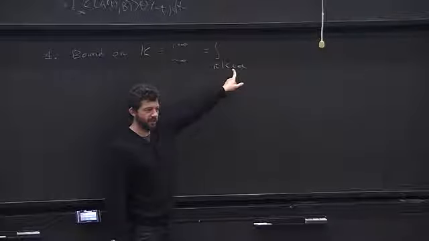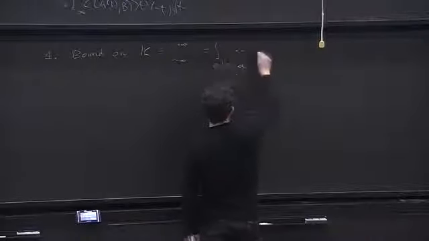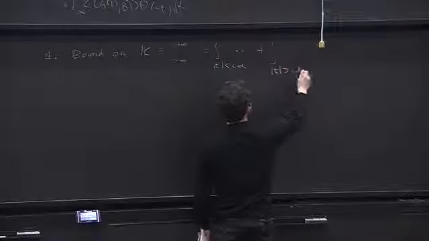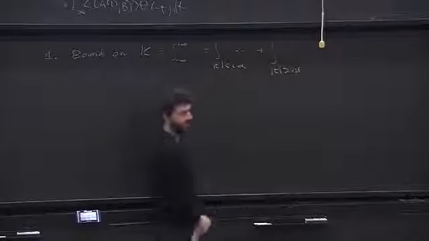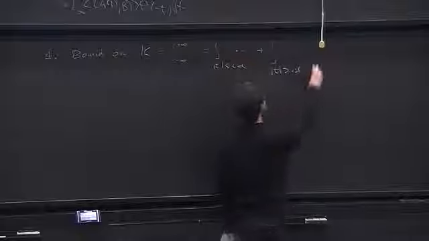But right now it's a parameter. Plus, so we have this integral, and then large time. So I will find the bound on this and on this. Let me call them K1 and K2.